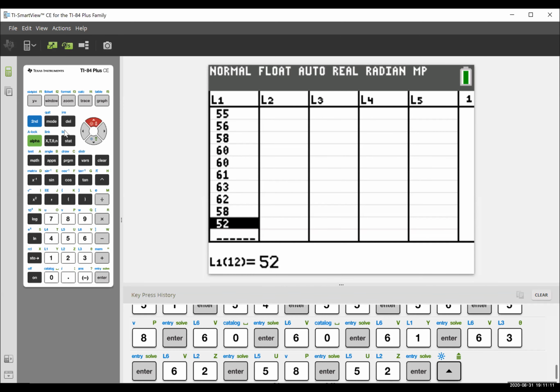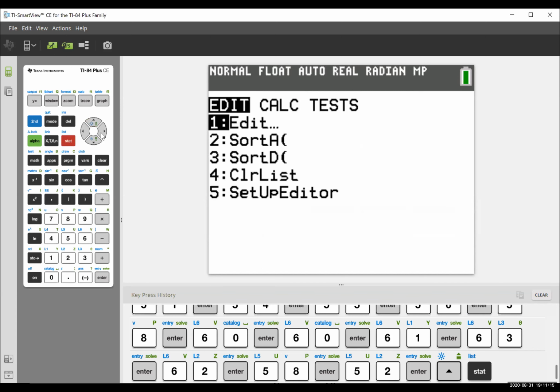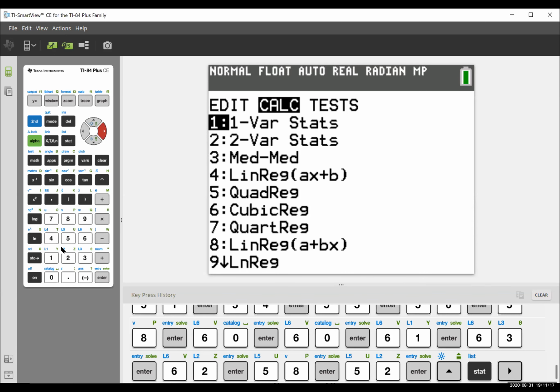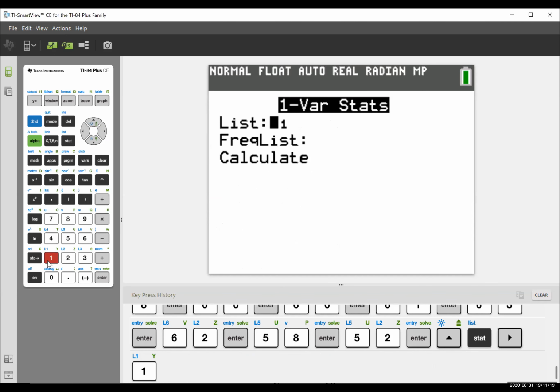Then again, to get your answers, Stat, arrow to the right, Calc, and then 1. You enter all your data into L1. Then calculate.